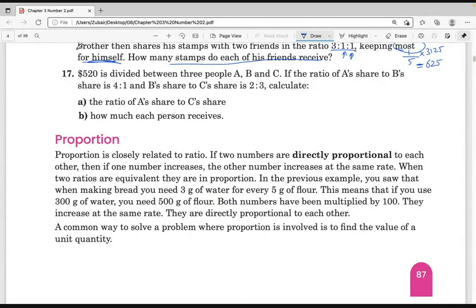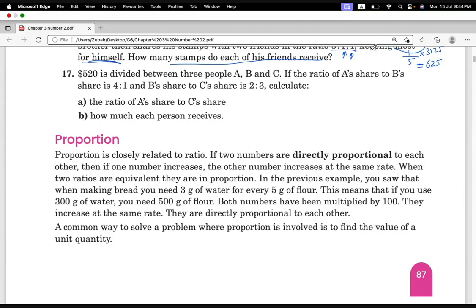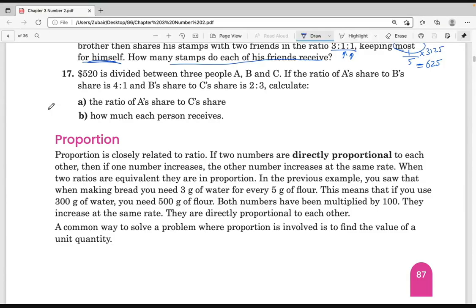Number 17. $520 is divided between three people A, B, and C. If the ratio of A's share to B's share is 4 ratio 1 and B's share to C's share is 2 ratio 3, calculate the ratio of A's share to C's share.